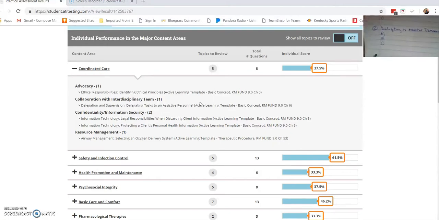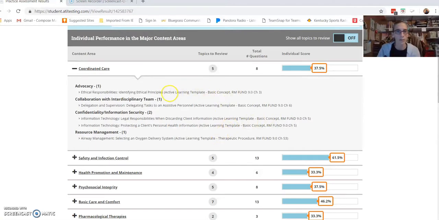So that when I come back and look at this next semester, and I'm going to use this to study, I'm going to know delegating to assistive personnel and 3 bullet points that are most important when I'm delegating to assistive personnel. All right, Fundamentals, Chapter 6.